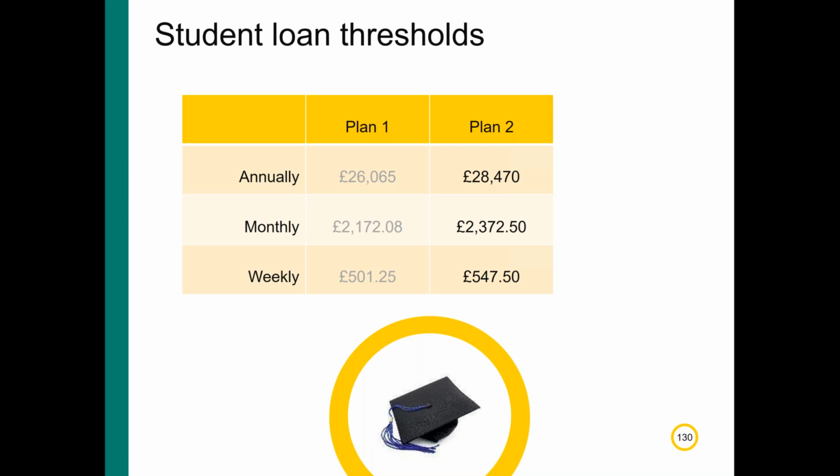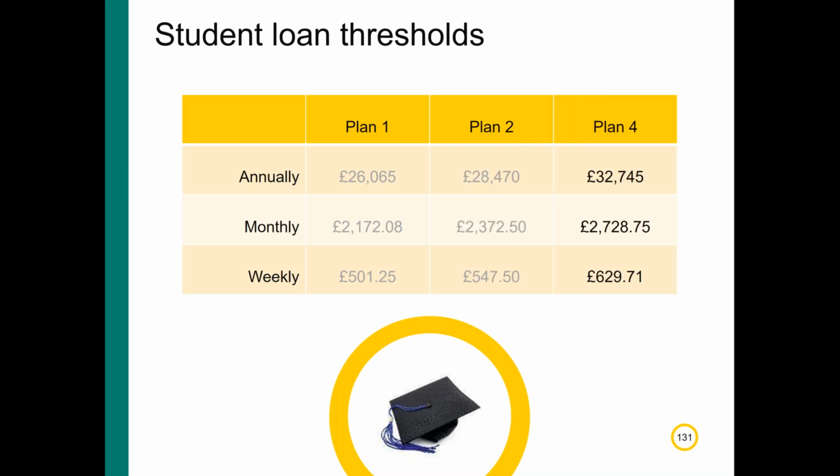That's £2,372.50 per month, or £547.50 per week. Plan 4 loans rise to £32,745. That's £2,728.75 per month, or £629.71 per week.